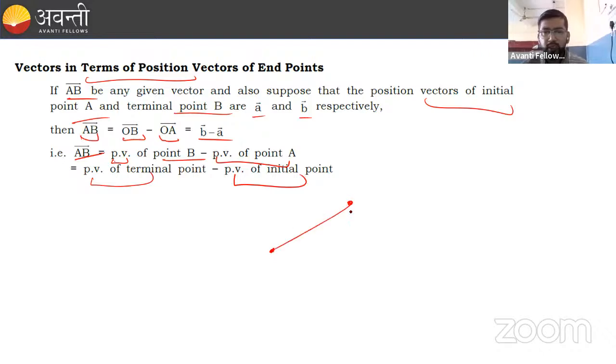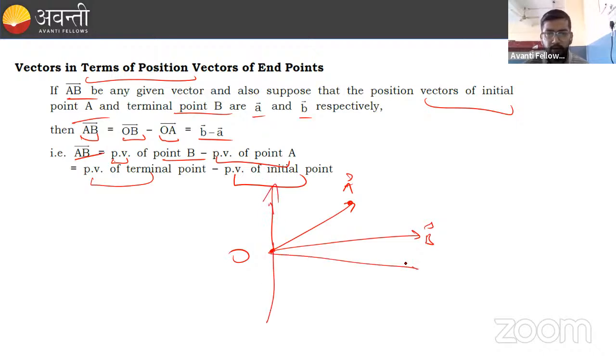You can understand this like so. This is OA bar, this is OB bar, and these are our axes, right? What is OA bar? It is A bar minus O bar.